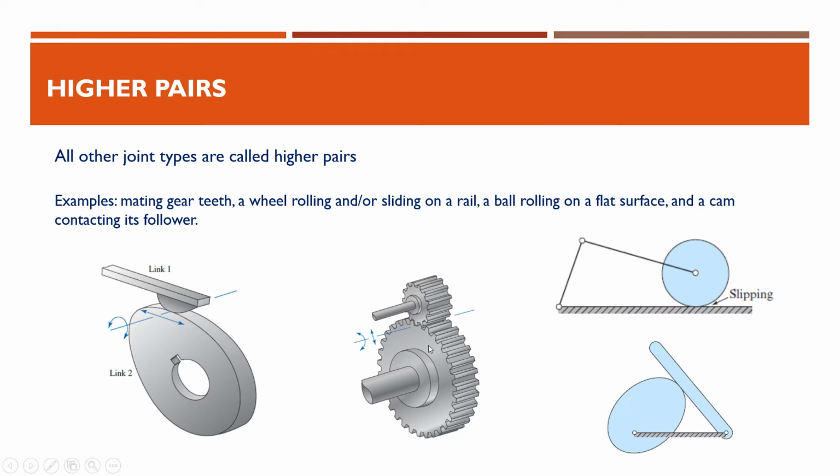Here, the cam joint. This is the example of a gear joint where it has a line contact. Here also one point contact, here also one point contact. So these are all the examples of higher pairs. Other than the 6 lower pairs which I mentioned in the previous slides, all the other pairs which you encounter in your engineering practice come under higher pairs.